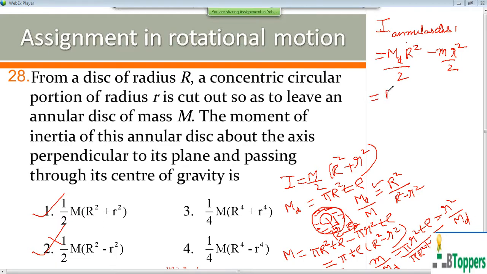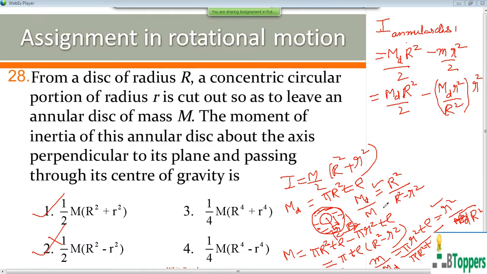So you can write M_D into R square by 2 minus small m into r square by 2. Small m can be written from this equation as the mass of the original disk into small r square by capital R square, into small r square.